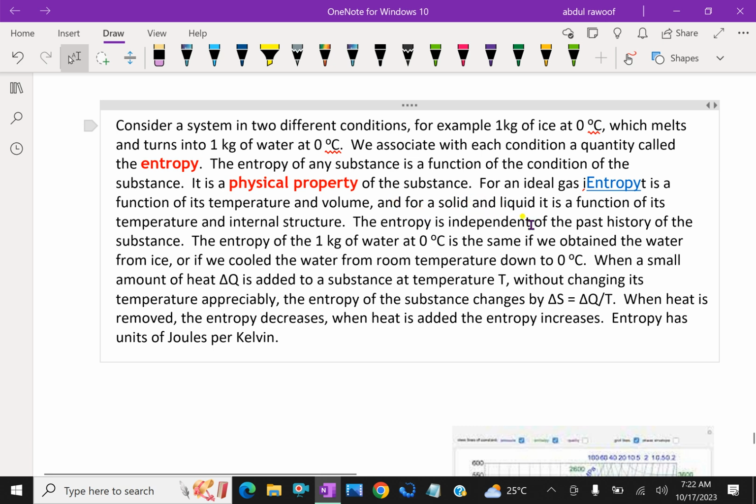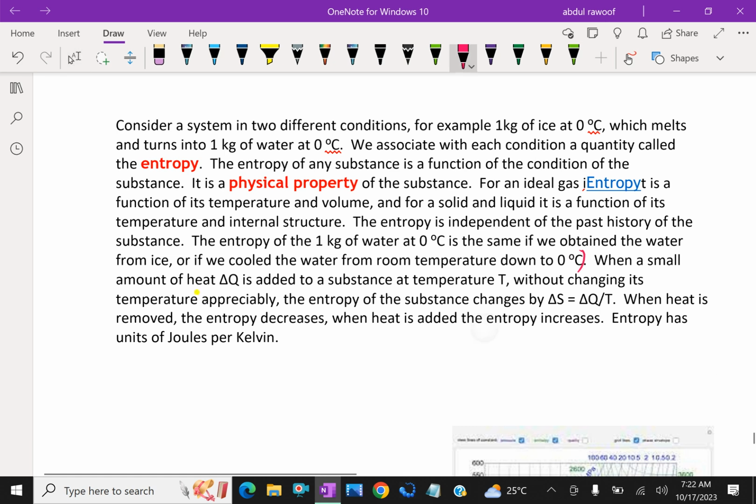For an ideal gas, the entropy is a function of its temperature and volume. And for a solid and liquid, it is a function of its temperature and internal structure. The entropy is independent of the past history of the substance. The entropy of 1 kg of water at 0 degrees Celsius is the same whether we obtained the water from ice, or cooled the water from room temperature to 0 degrees Celsius.